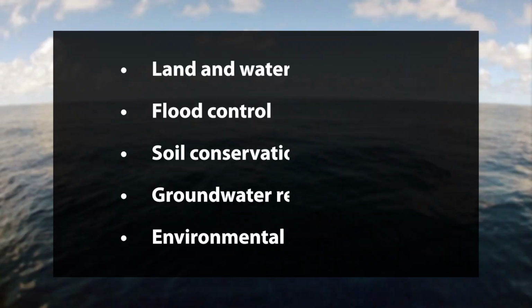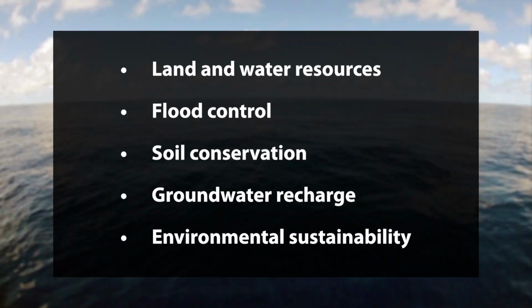Effective watershed management is essential for sustainable utilization of land and water resources, flood control, soil conservation, groundwater recharge and overall environmental sustainability. Traditional management approaches rely heavily on field surveys and conventional maps.